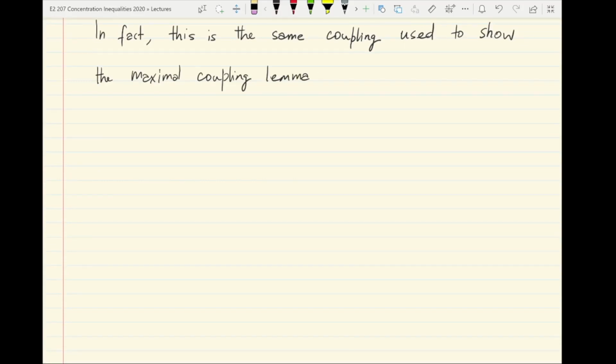Recall what the maximal coupling lemma we showed was. Basically, we showed that there exists a coupling, so rather, the minimum over all couplings between P and Q of the probability of X not equal to Y is equal to the total variation distance between P and Q.